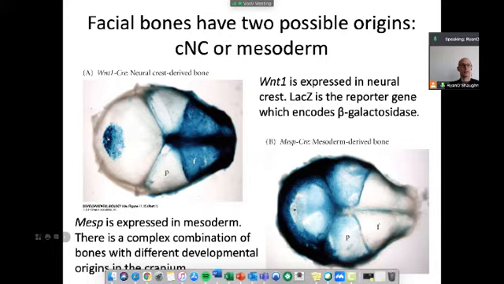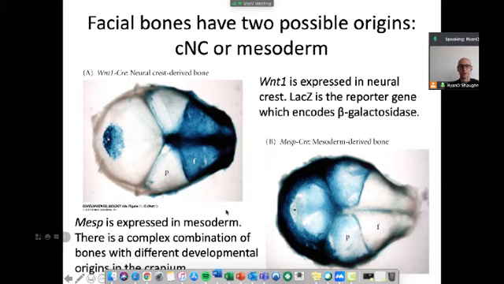So Wnt1 is expressed in the neural crest, and LacZ is a reporter gene that encodes beta-galactosidase, and when you add a reagent, you can see a blue coloration. So here, with this Wnt1 Cre, we're looking at the neural crest-derived bone, and we can see where there's blue. These are the regions where the neural crest is the source of the bone.